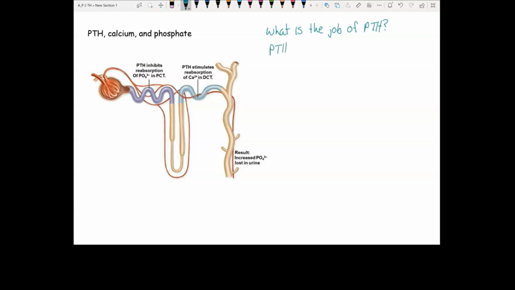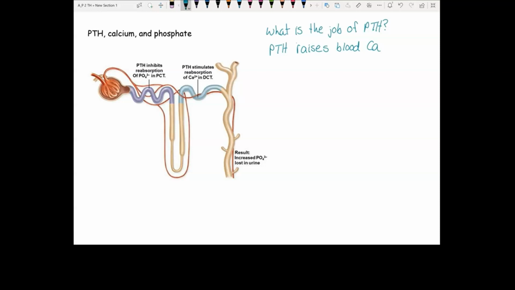Okay. The job of PTH is to raise blood calcium. So the whole point of PTH is it wants more calcium in your blood.